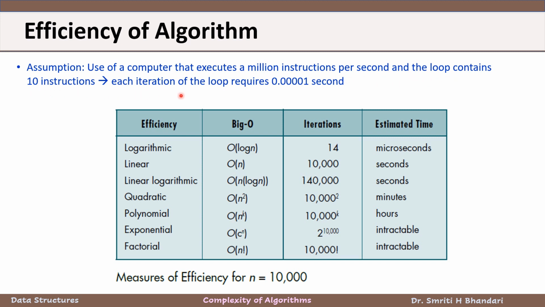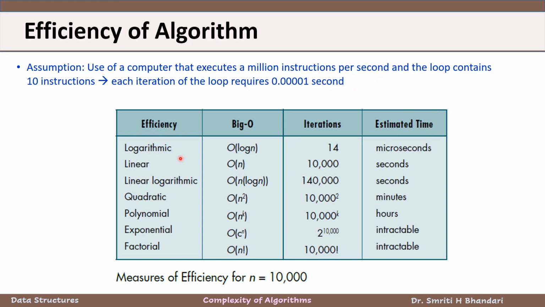Each iteration of the loop requires 0.00001 second and the number of elements is n equal to 10,000. So we have the Big O notation for each kind of loop, the number of iterations required and the estimated time for this configuration.